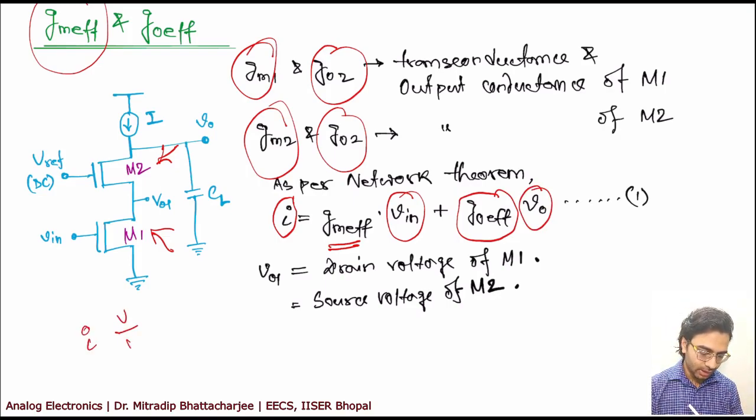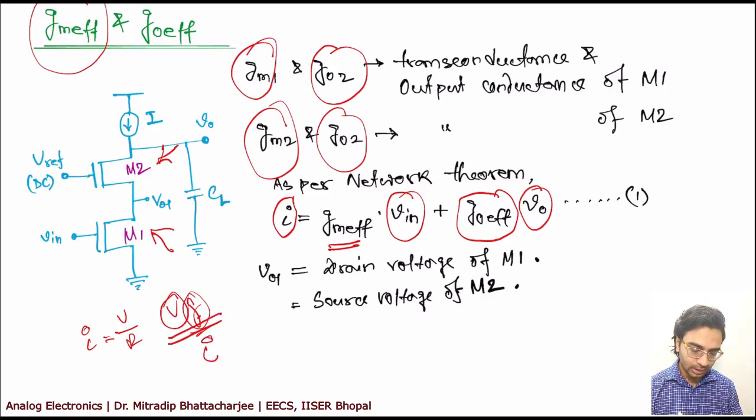Current is always V by R. So 1 by R is basically your G, conductance. So conductance into voltage is giving you the current. So conductance into voltage and conductance into voltage. This conductance into voltage is on your input side. This conductance into voltage is on your output side. Okay, it's a simple two-port network concept.